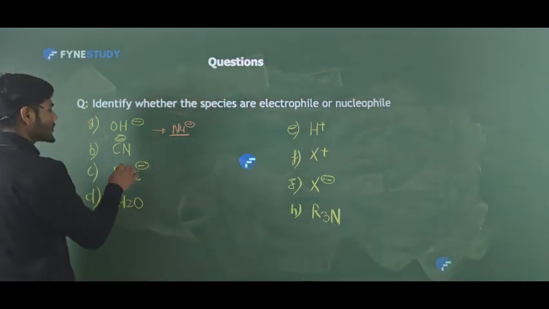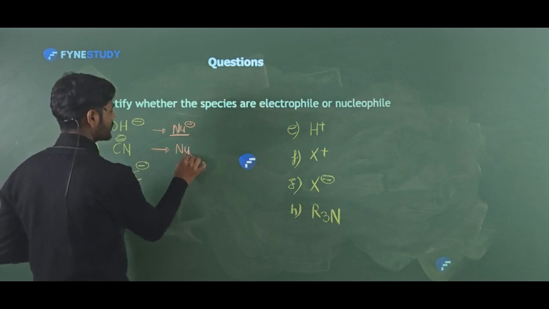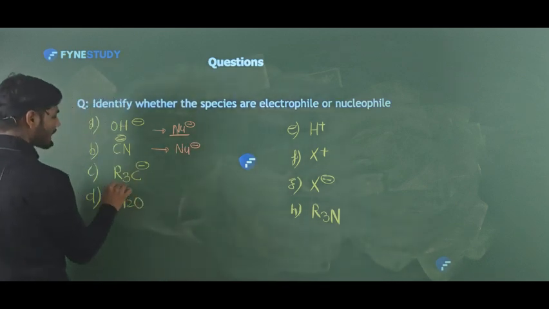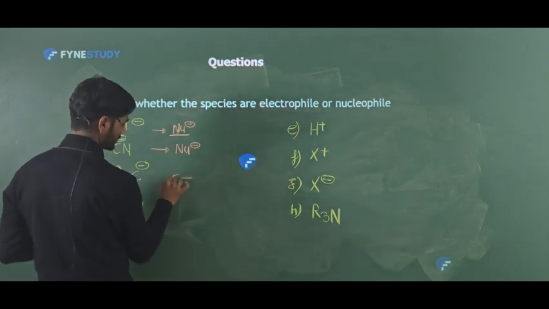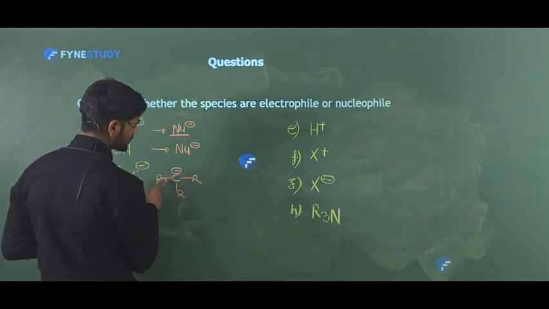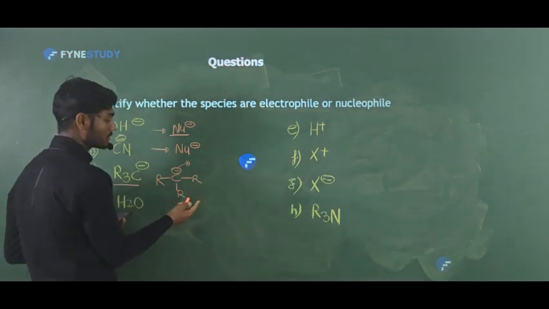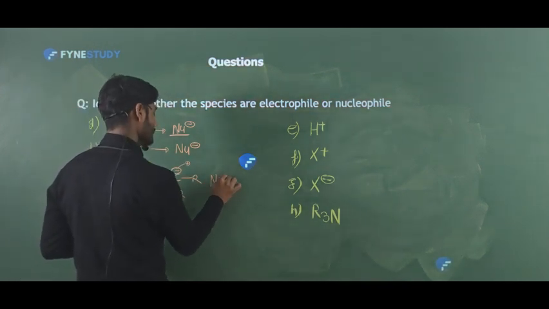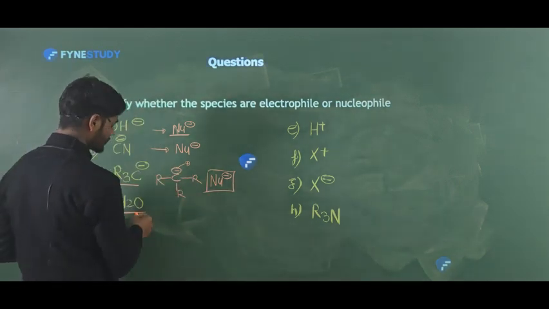Nucleophile, because a negative charge is there. So this one is also a nucleophile. Now R3C minus. So carbon has 3 bonds to R, and here is a negative charge. So 6 and 2, 8, the octet is completed, and the negative charge it can donate to others. So this one is also a nucleophile.